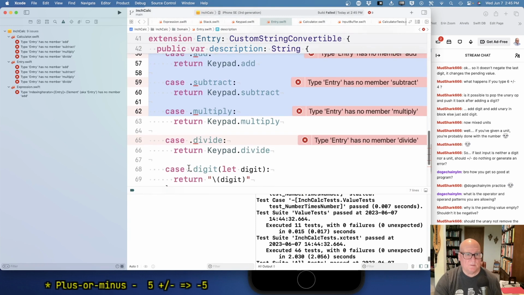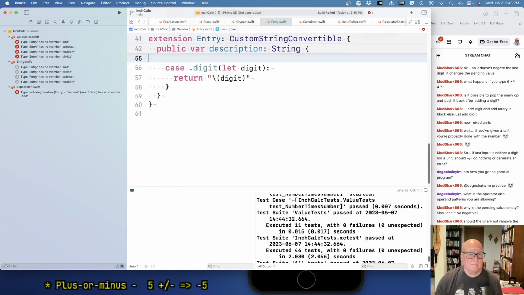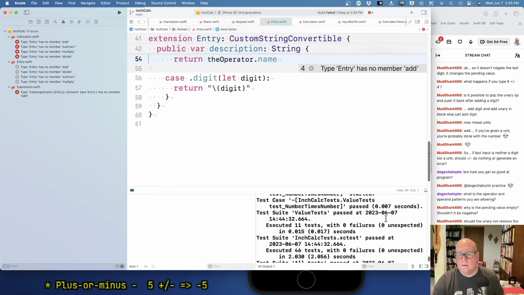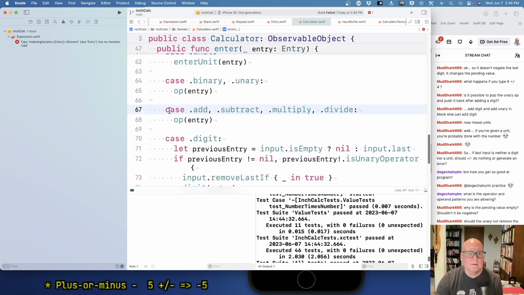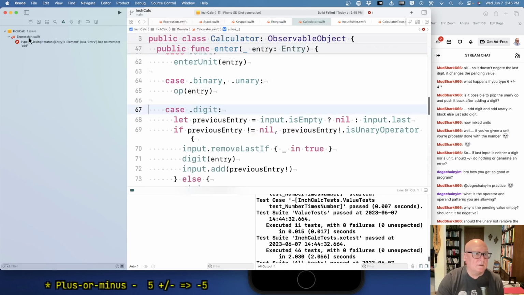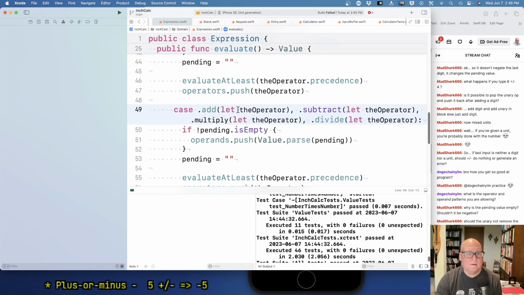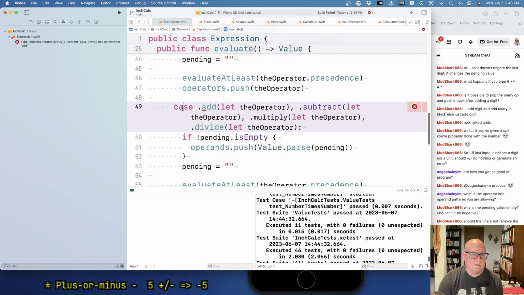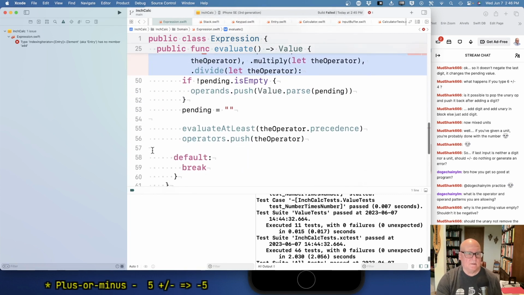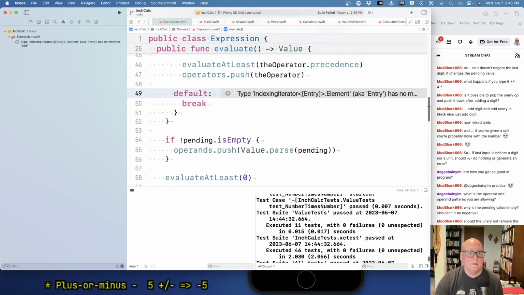Add, subtract, multiply, and divide. Calculator. Subtract, multiply, divide. We got binary above it. And this case. Good.